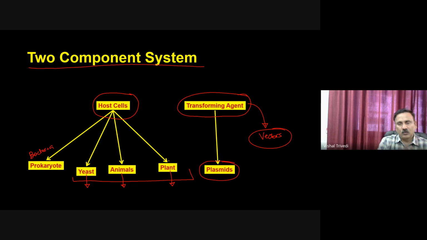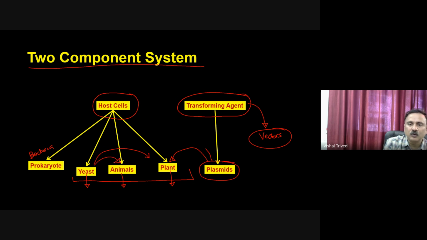So this two component system is very important, and it is important for you to understand that both the transforming agent and the host have to be compatible with each other. It's not like you are taking a plasmid and putting it into the plant system, or taking yeast artificial vectors and putting them into animals or plants, right?